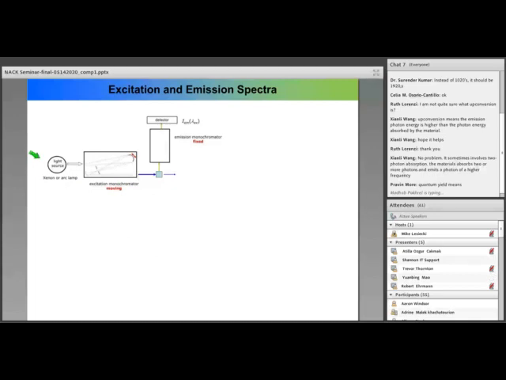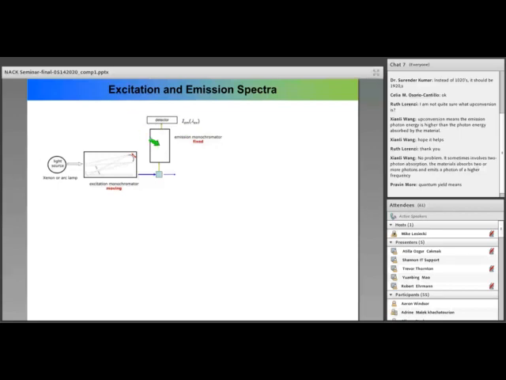So you will see here, this is the light source, and then the sample is here. And then this is the excitation monochromator, and this is the emission monochromator, and this is the detector here.